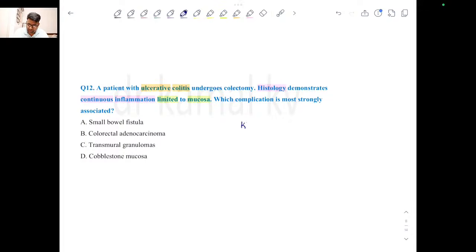So, already this is a known case of ulcerative colitis, and on histology, these are continuous lesions which are limited only to mucosa.